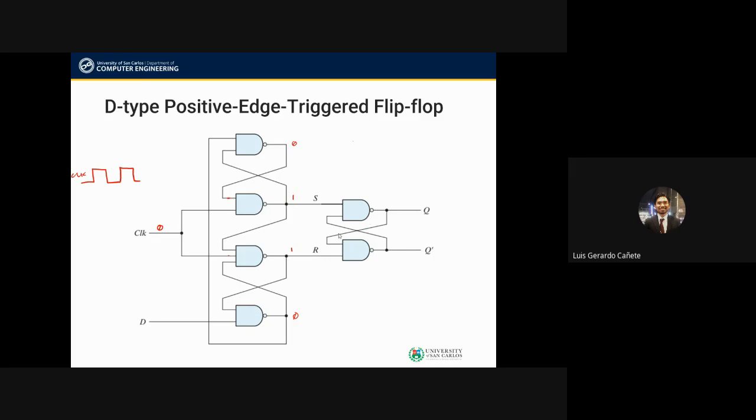It's not going to make any transitions, right? Okay, so what then happens when we transition, let's say right now D is equal to 0. So before I transition clock from 0 to 1, let's say that we transition D from 0 to 1. Okay, so clock is low, but we're trying to change D from 0 to 1.